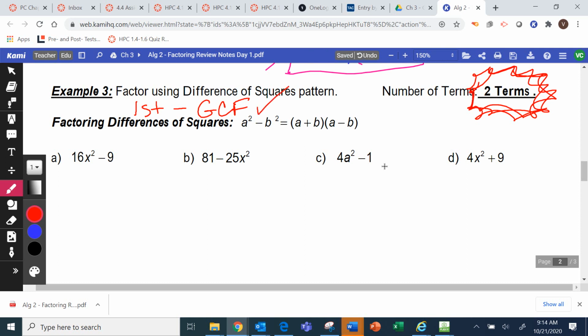Now, all of these we are going to check for something called difference of squares. Difference of squares means subtraction sign and it means perfect squares.